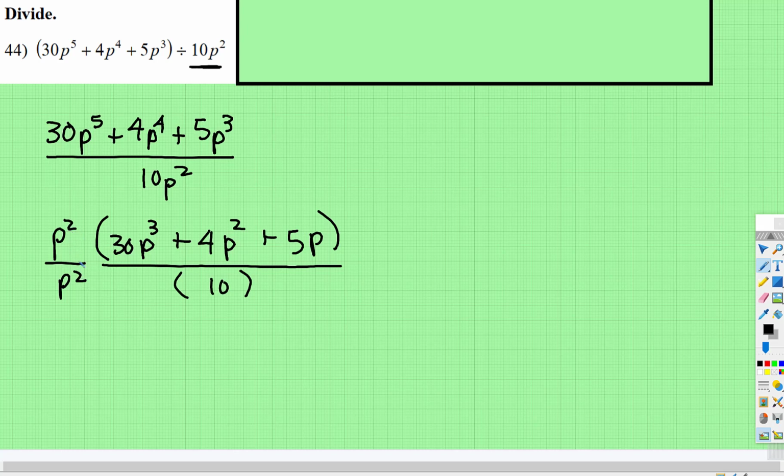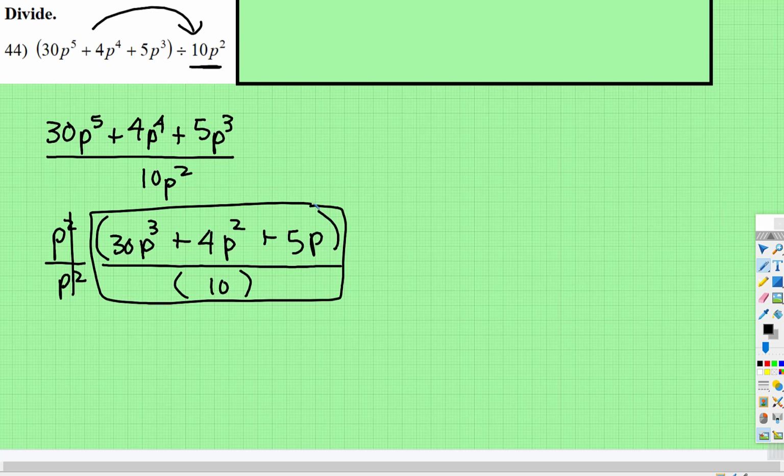Now p squared divided by p squared, those cancel, and this polynomial divided by 10p squared, this right here is the result. Now, if you're in calculus and you were finding derivatives, you would probably want to break this into 3 separate fractions.